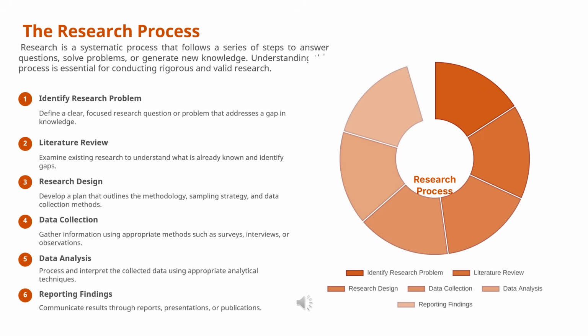Then the third step is to design your research, and here you're expected to develop a plan that outlines the methodology, the sampling strategy, and data collection methods, which we are going to look at in depth in this particular module.